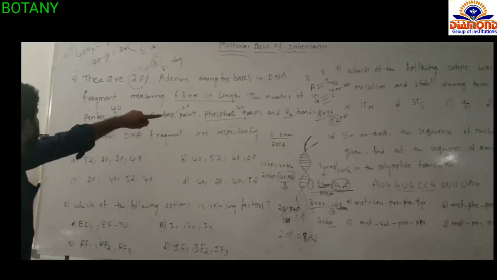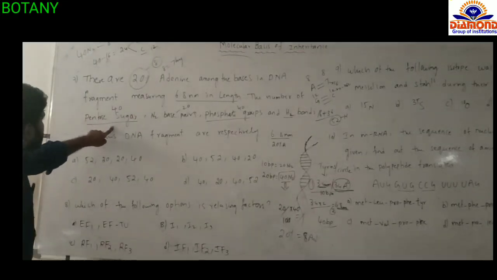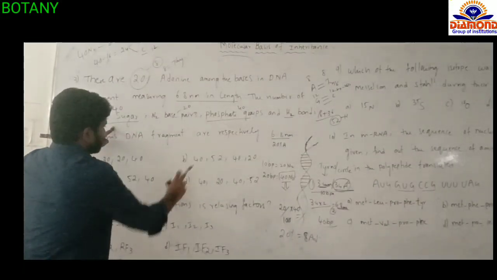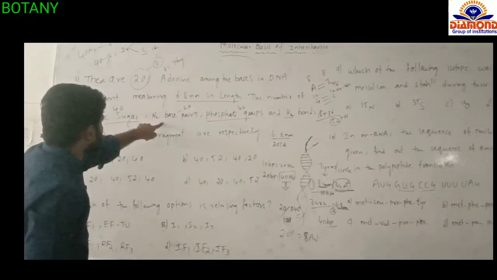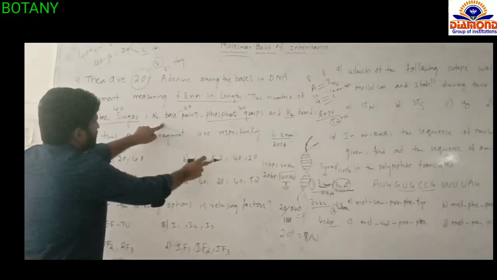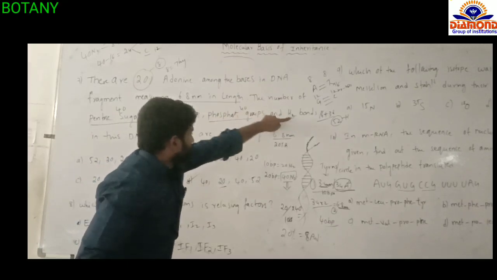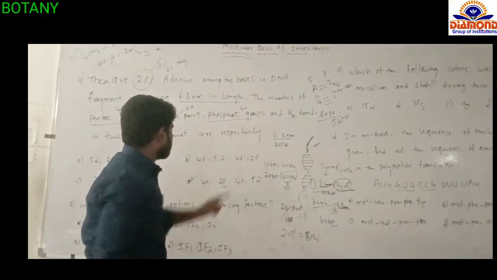In the sequence order, the first is the pentosugar, 40. So options B and D have 40 first, and the next is nitrogen base pairs. In option B they gave 52 instead. In option D, after the pentosugar the nitrogen base pairs are 20. So the sequence is 40, 20, 40, 52. So the answer is D.